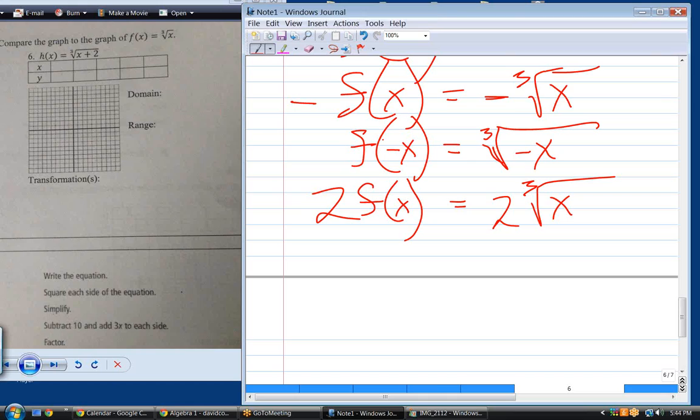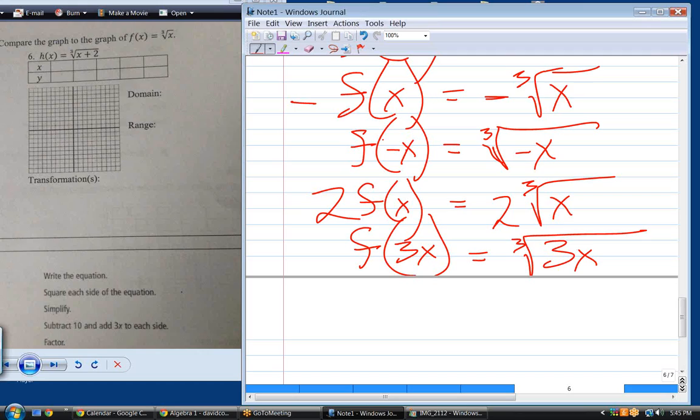It's a vertical stretch. Good. Okay, let's talk about something else. Let's say we put a number in front of the x, like this. Well, that would manifest itself by, I'm going to take the cube root of 3x now, instead of the cube root of x. Okay. What's the consequence of this?